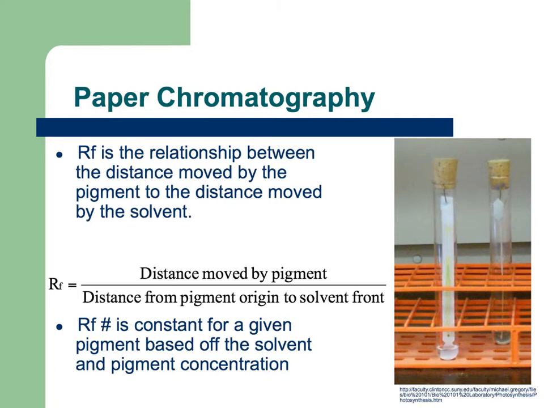It depends on how much pigment you actually put, so you would have to put a standard amount to get that standard constant number. And it's pretty easy to calculate, just basically distance moved by pigment over distance of the original solvent.